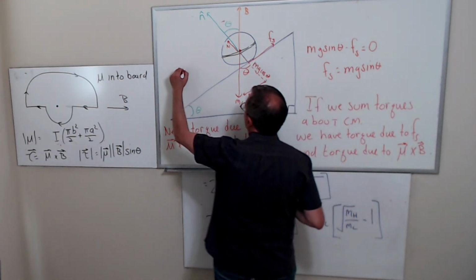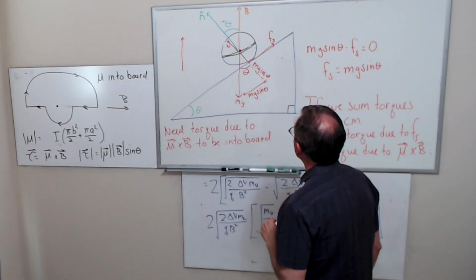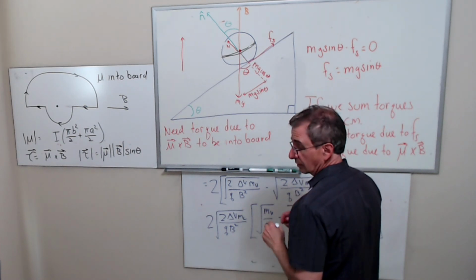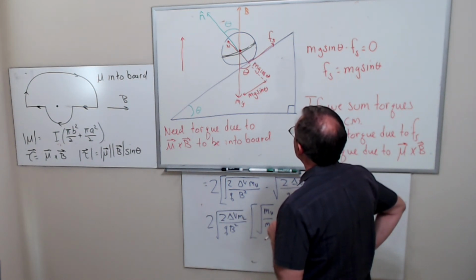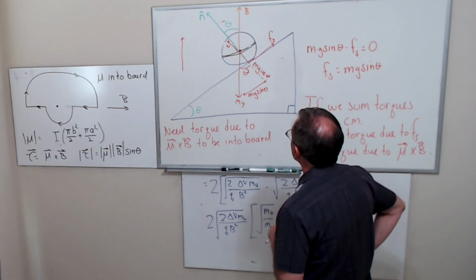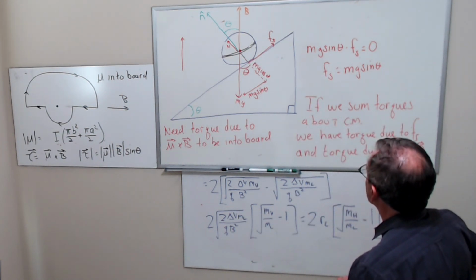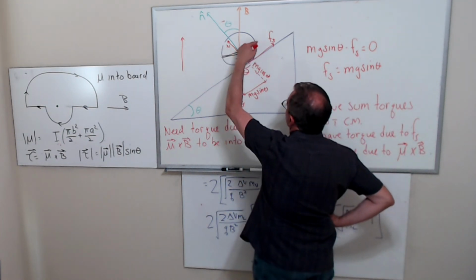So we have B pointing this way. Which way should mu point? Mu should have a component in which direction? The same direction as F sub s, right? Well, mu points perpendicular to the plane of this plane, right?